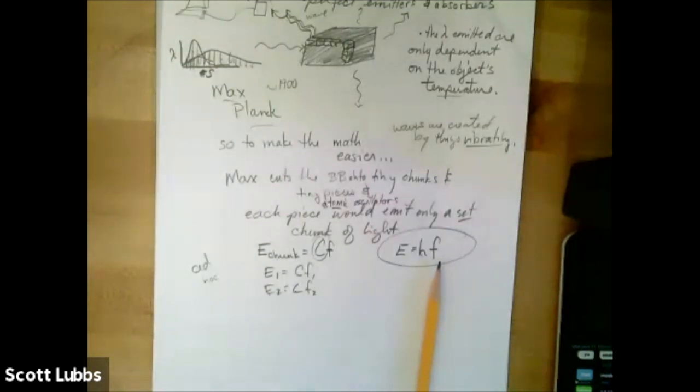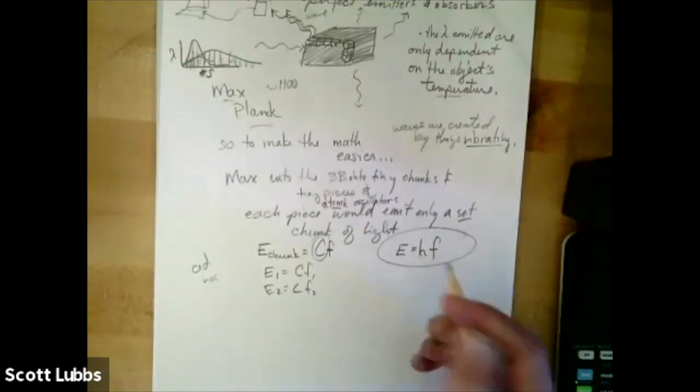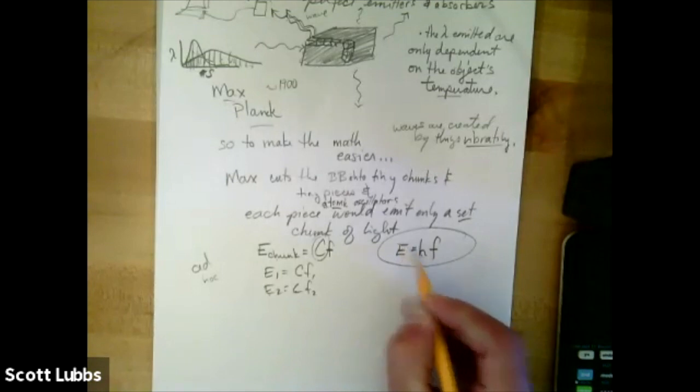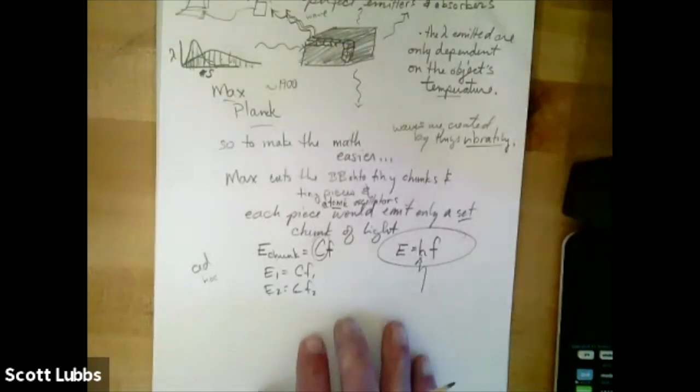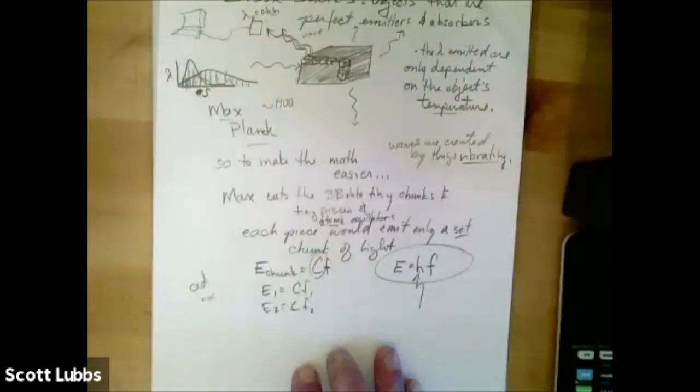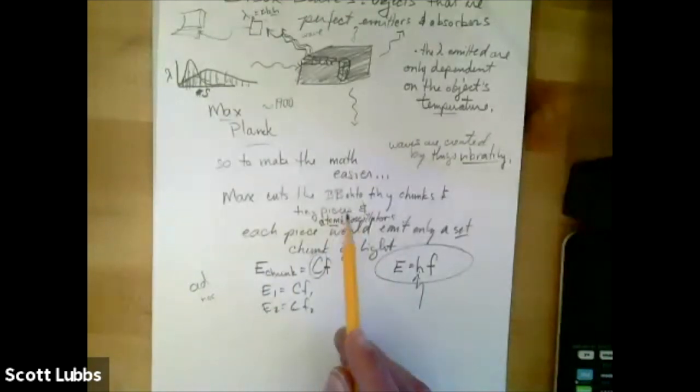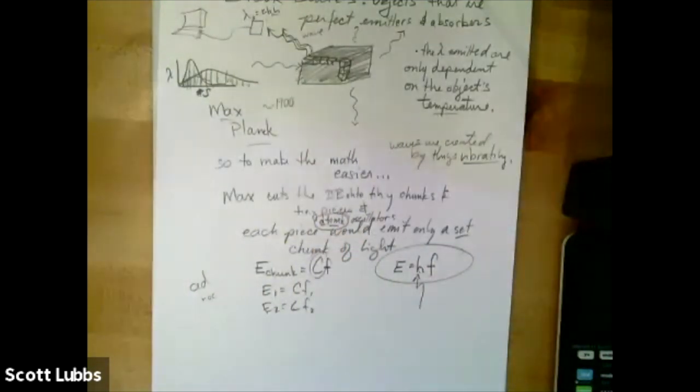So the energy of that photon, he totally just stumbles upon this. And he is really the first one to talk about this concept of the atom. So he, to make the math easier, cuts these things up into atoms and says, oh, they just all emit some little bit of light. Holy crud, I'm right. I was just guessing.